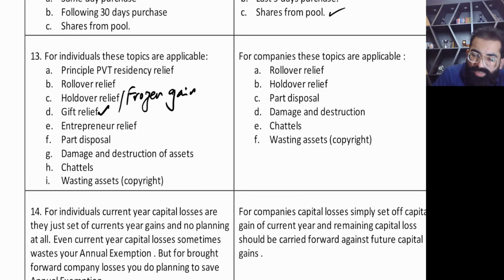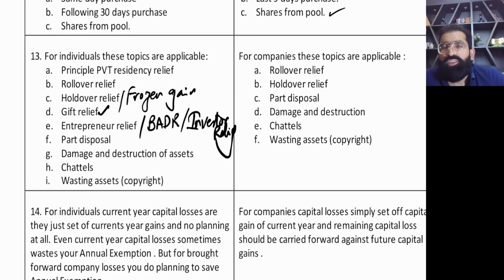Then entrepreneurs' relief, the new name of which is BADR, and investors' relief, are only available for individuals, not for companies. But part disposal, damage and destruction, chattels, wasting assets, these areas are all available for both.